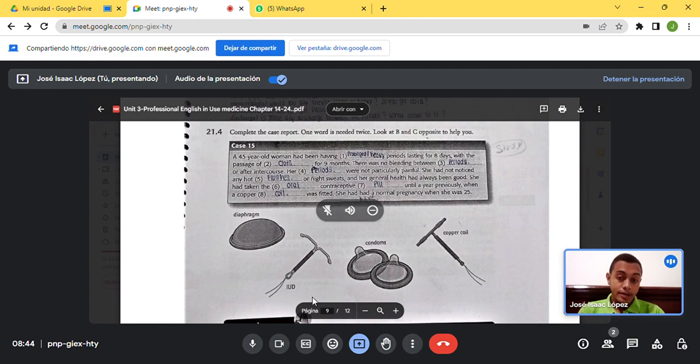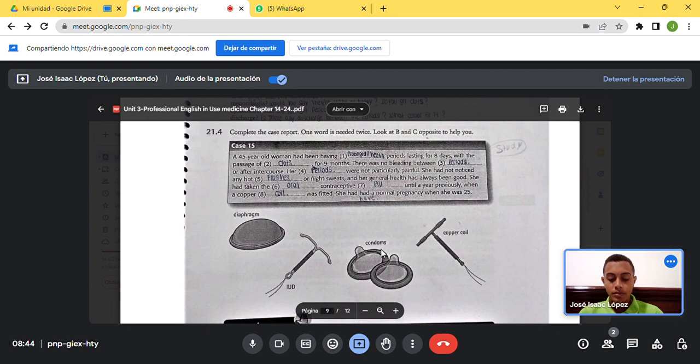Next is IUD, condoms, and copper coil. O sea, esos son tipos de anticonceptivos que se utilizan regularmente. Here in Dominican Republic, that is the over to you. Let's begin after that.